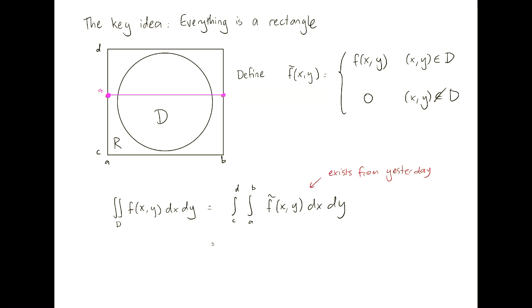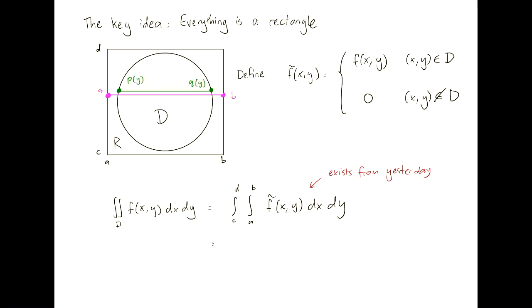You would say, well, since it's 0 outside of the region D, then I can actually just evaluate this integral from here, which I'm going to call P, to this point, which I'm going to call Q. Except there is a difference between P and Q and A and B, which is that it doesn't matter where I am in y, A and B are the same. But P and Q depend on y.